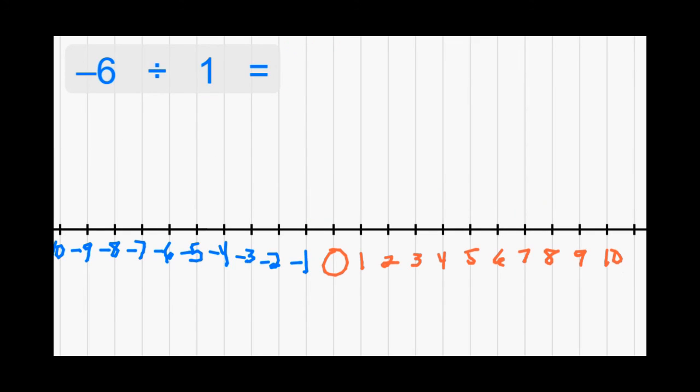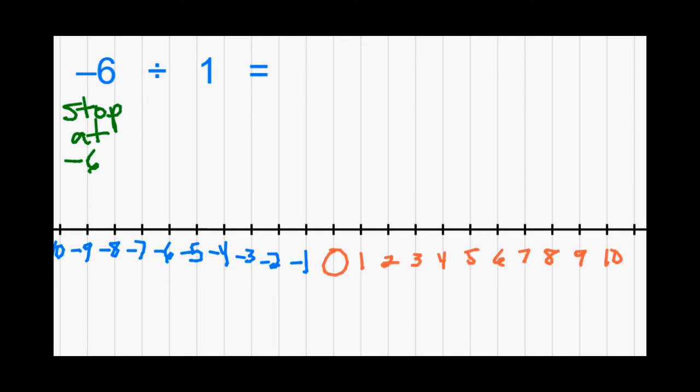So now let's go ahead and take a look at this model. We're dividing a negative number divided by a positive number. Our first number is going to tell us where to stop. So we have -6 divided by +1. We need to stop at -6.